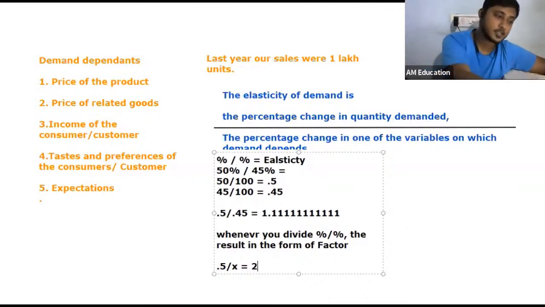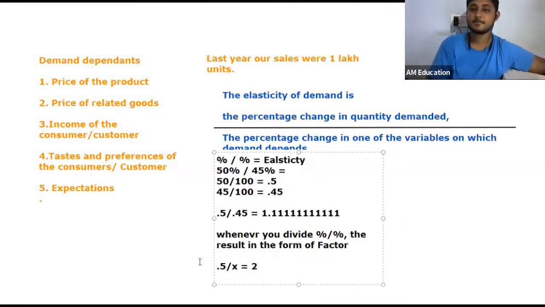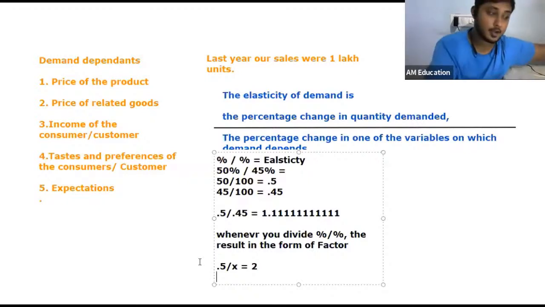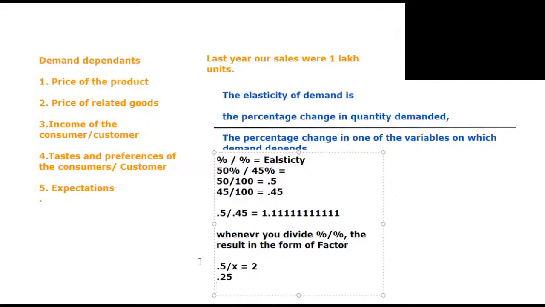Can you find out how much is X for me? I got the answer, 0.25. How did you get that? 0.5 divided by 2. Exactly.